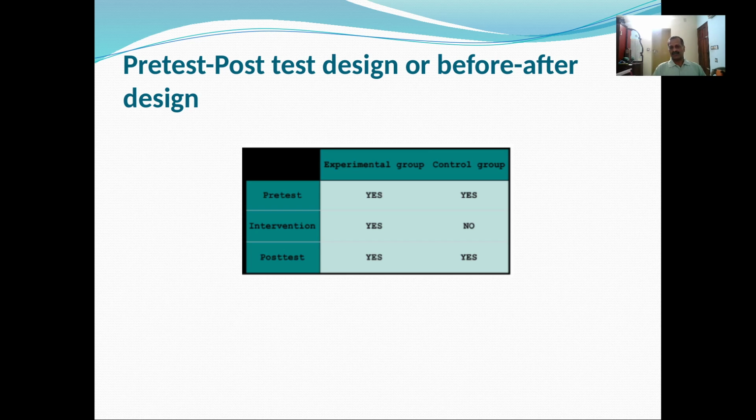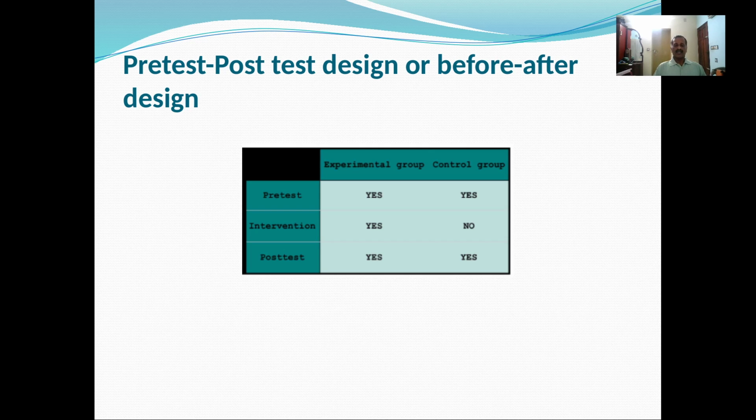This can happen. So now this is a bias. And here I cannot say that the changes are only because of the intervention alone, because some biases occurred in the control group. How can we overcome this error that may happen in the pre-test post-test design?